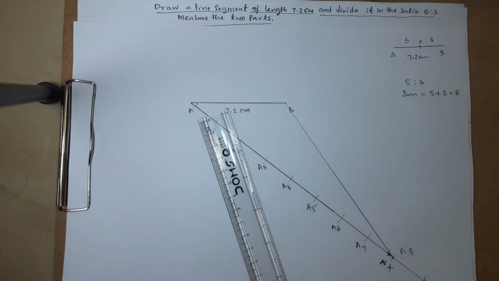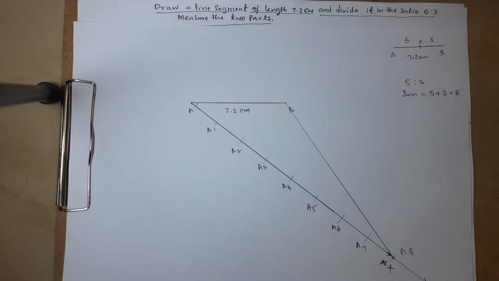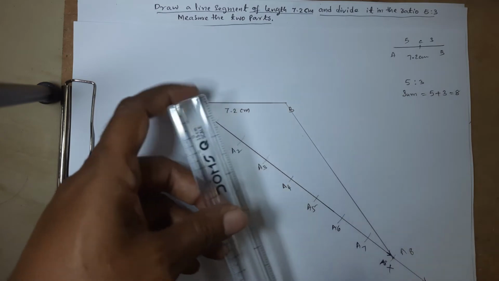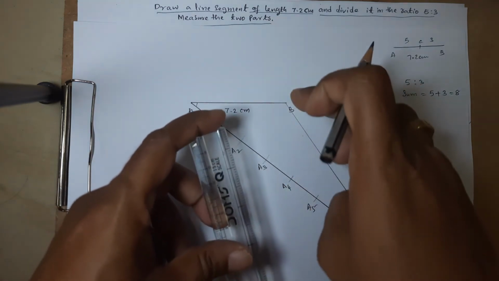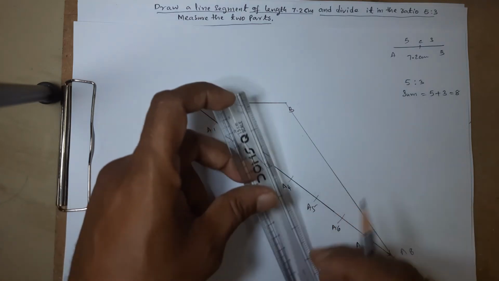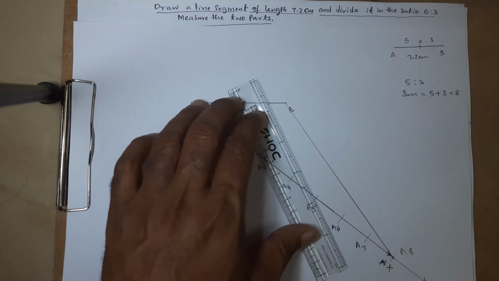This is the point A8. Join BA8. Now the next step is we have to draw a parallel line to this BA8 through this A5.